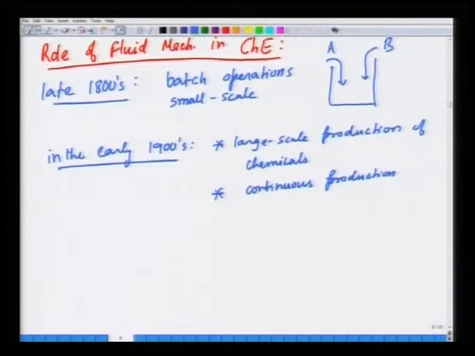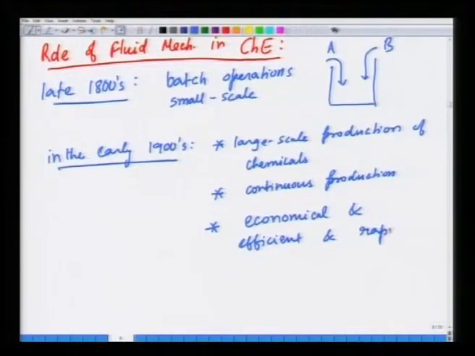Okay. So, the large scale production of chemicals must be done in an economical and efficient and in a relatively rapid manner. Okay.